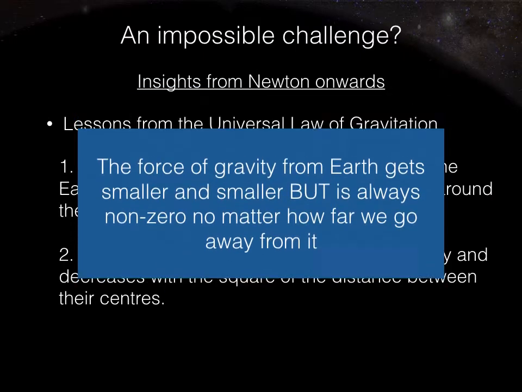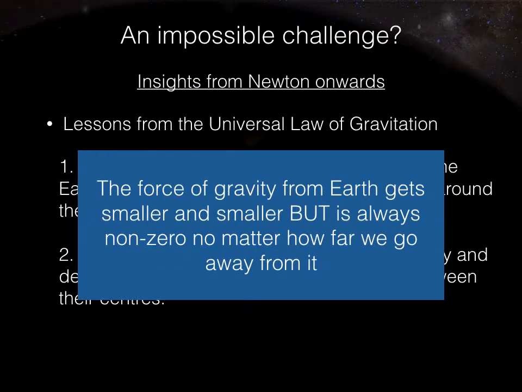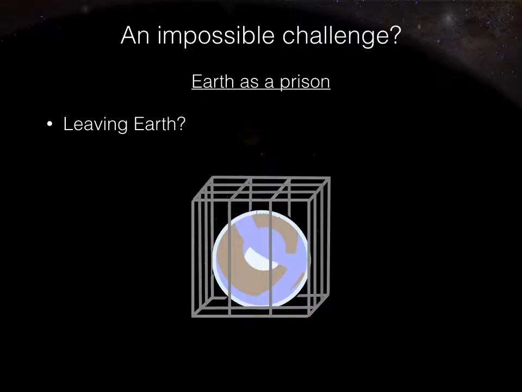So what that means is that the force of gravity from Earth gets smaller and smaller, but is always non-zero, no matter how far we go away from it. So if freedom is to be defined as the total absence of any attraction force from the Earth, then it's basically an impossible challenge to be free from the Earth.